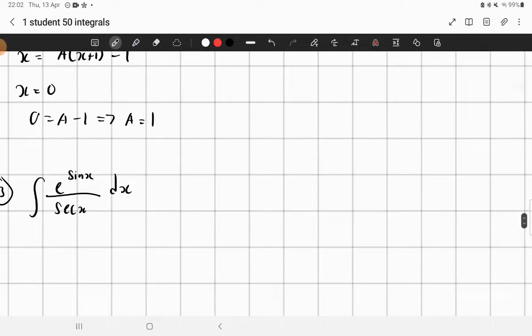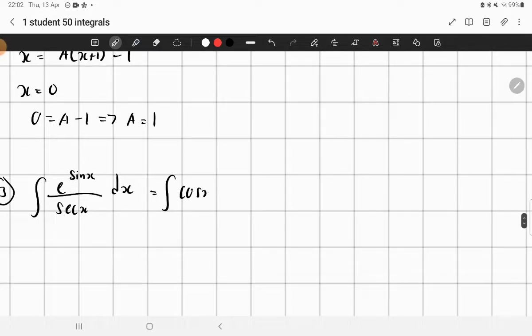So I could just express this as cosine of x times e to the power of sine of x. Now, if you aren't getting used to using integration by parts, the approach that I'll be using is substitution, and after using the substitution, I'll be using the integration by parts method.